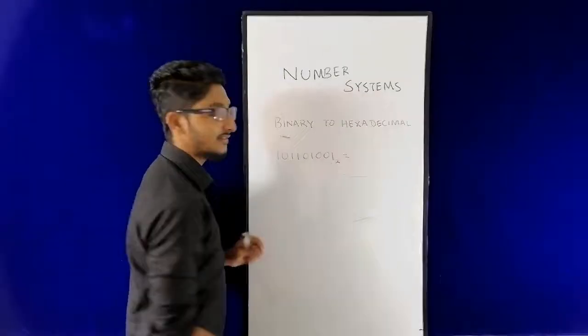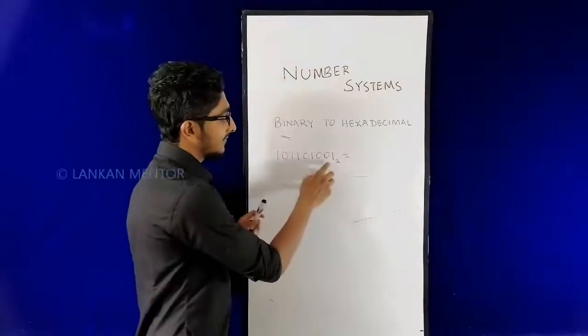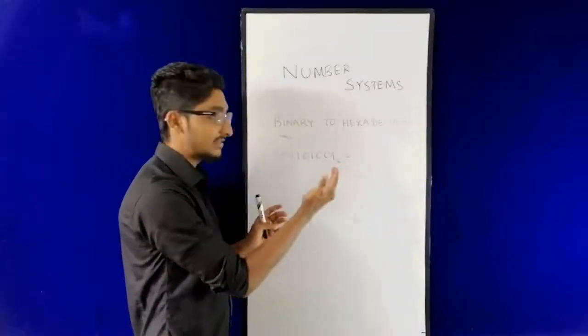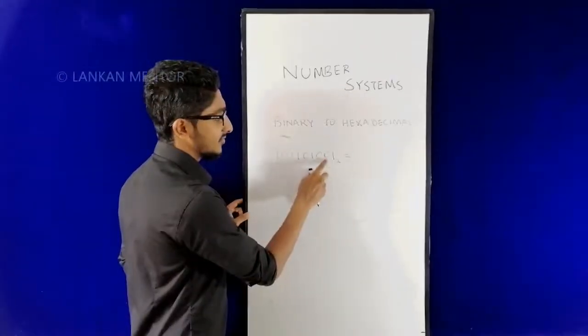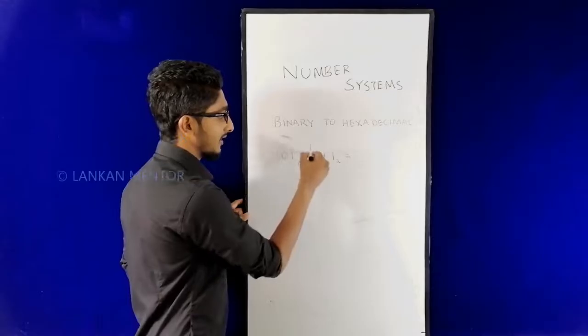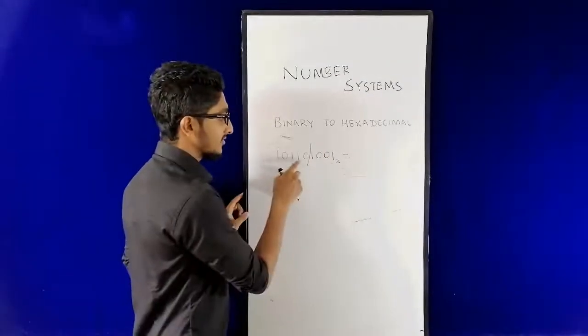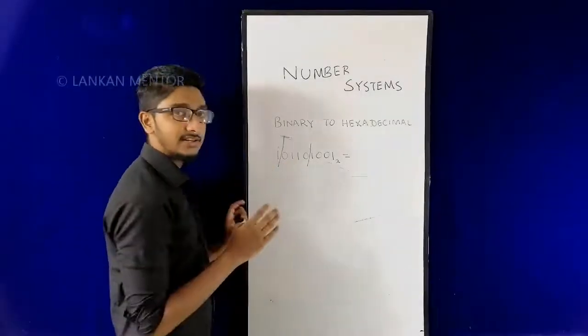So now this is the method. You have to look at the number, right? From the right side, you have to count 4 numbers. 1, 2, 3, 4. Okay, put a cross there. Again, 1, 2, 3, 4. 1, that is remaining.